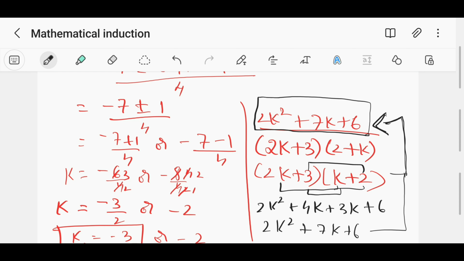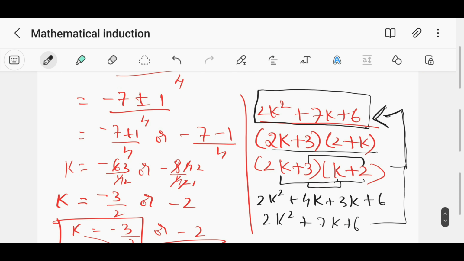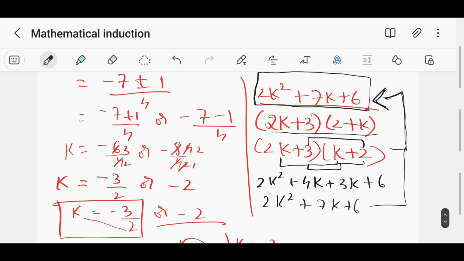So how do you get those factors? By just viewing also you can write the factors. If you are not able to write the factors, then you have to solve for k. Then you can take k plus of that value and k plus of the other value as the factors.